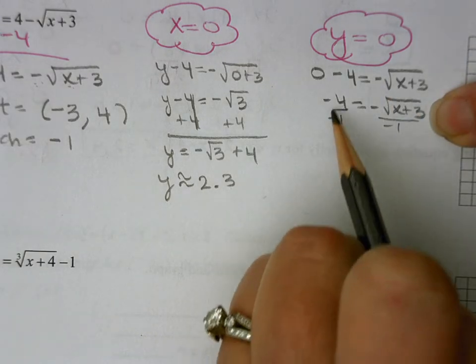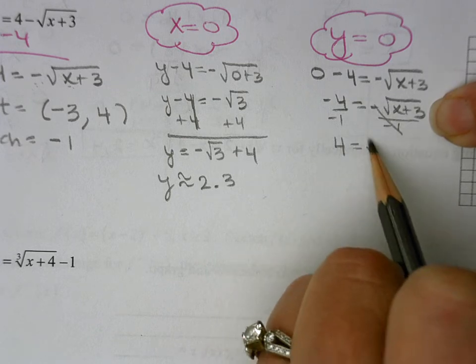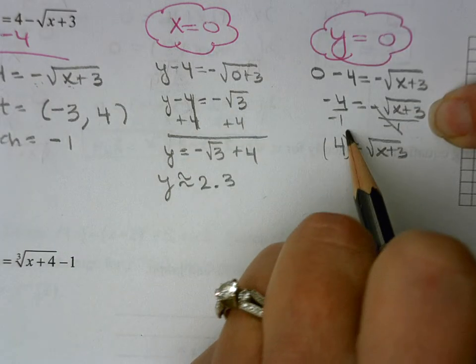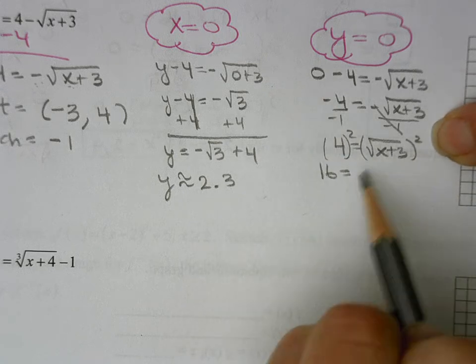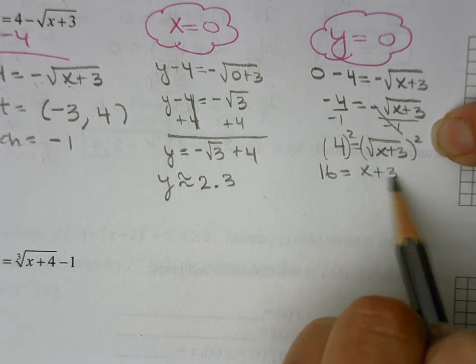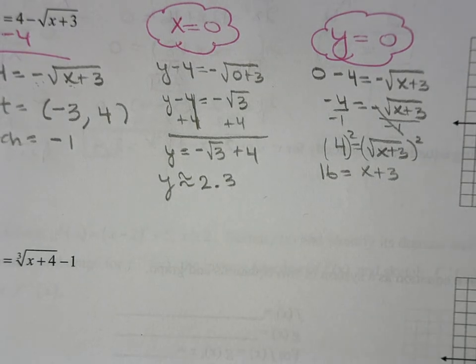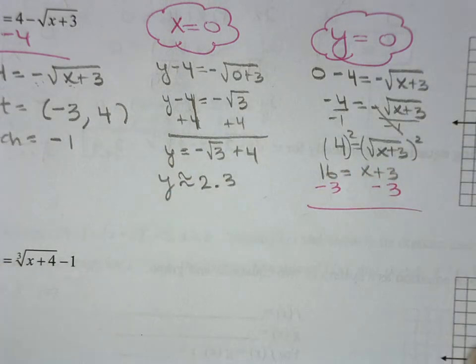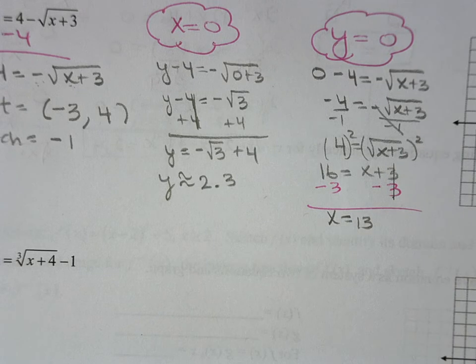So that's a negative divided by a negative is a positive, so I'll have +4 equals the square root of x plus 3. And then now I want to square both sides. So 4 squared is 16, and the root and the square cancel, leaving just x plus 3. And then subtract 3 from both sides. So x equals 13.